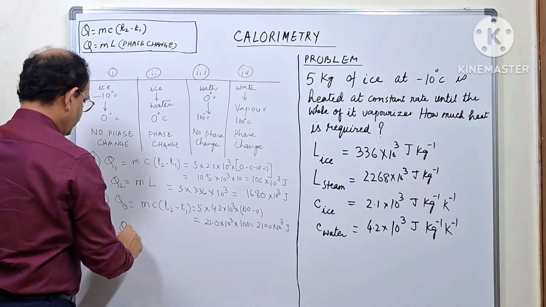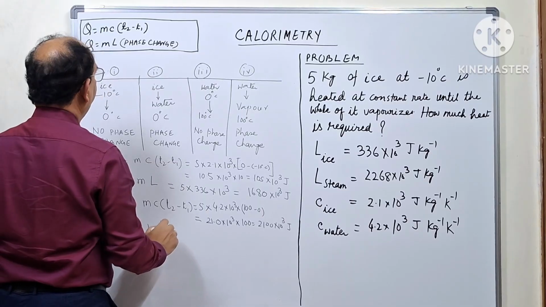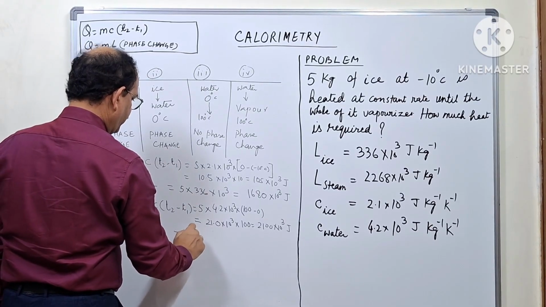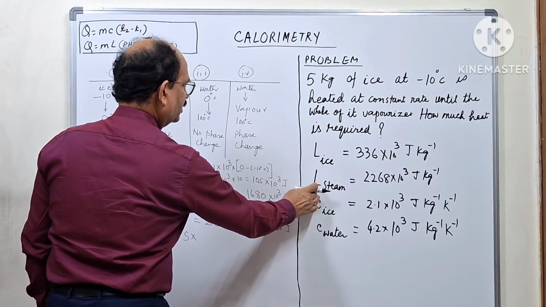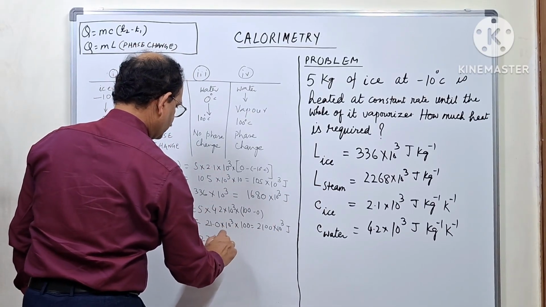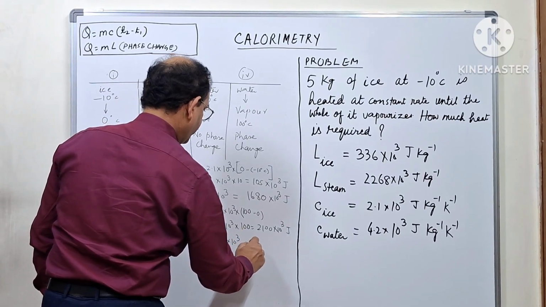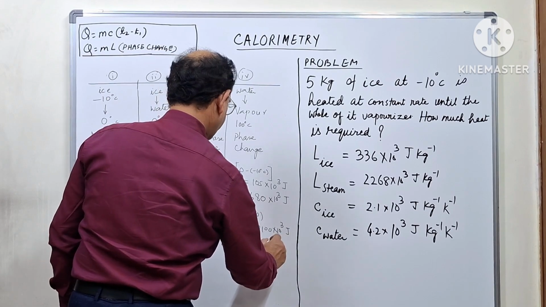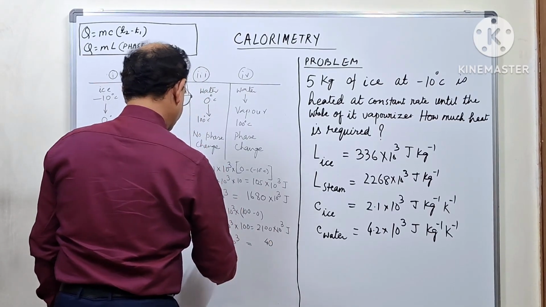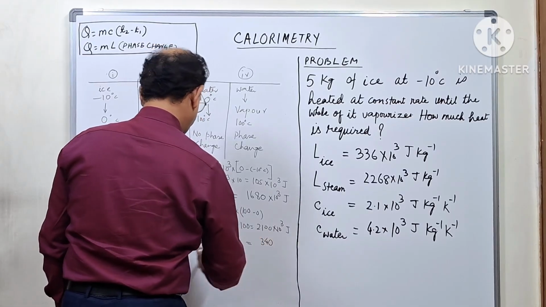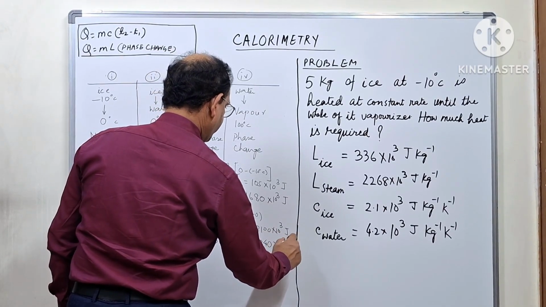In this scenario, because there is a phase change involved, we will use the M into L formula, and this will be equal to 5 into the latent heat of steam, which is 2268 multiplied by 10 to the power 3, and this will become equal to 11340 into 10 to the power 3 joule.